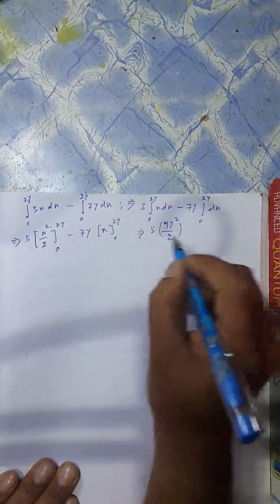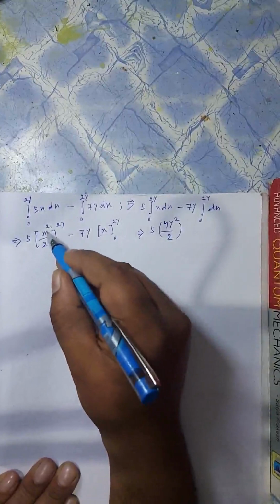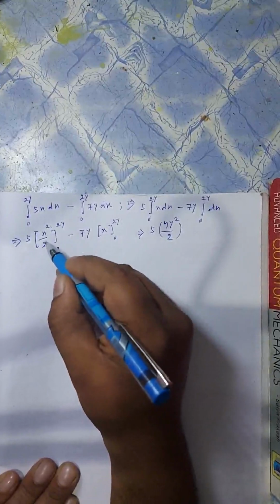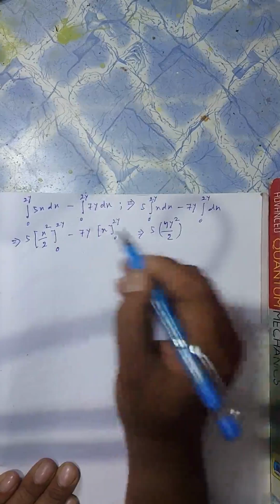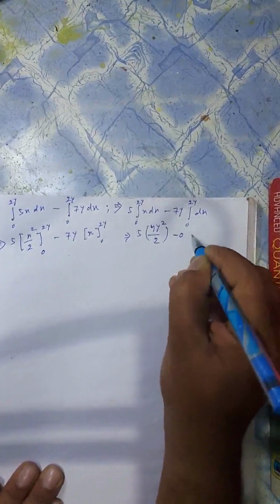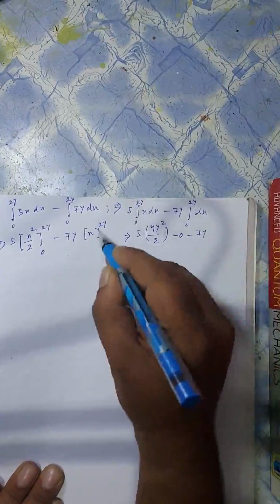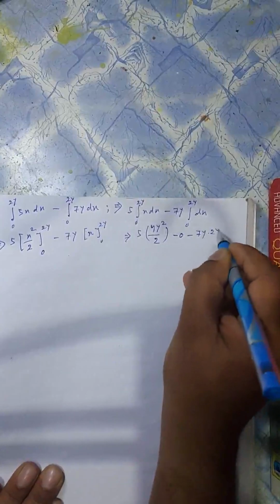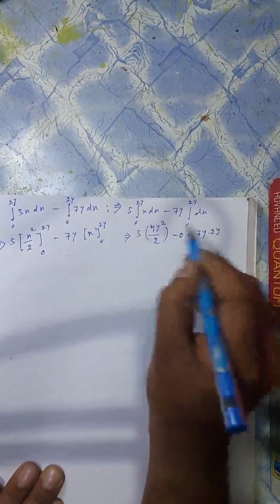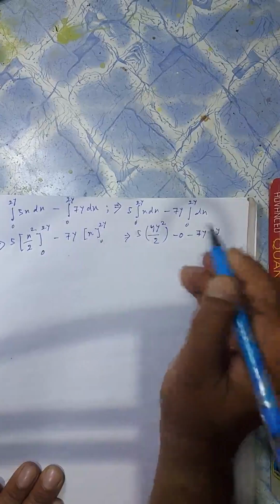Upper limit minus lower limit. 0 square is 0, 0 by 2 is 0, 0 of 5 is 0. So I do not write here. Otherwise you write here 0 minus 7y, upper limit first 2y, then lower limit 0; x is equal to 0, 0 into 7y is 0.